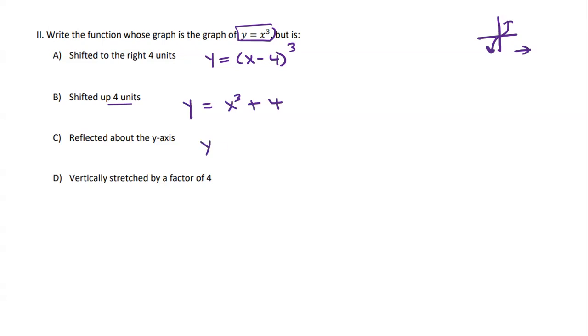So in this case, we'll have y is equal to, and I have to put the negative inside the parentheses, negative x raised to the third power, right? So that's reflecting over the y-axis. And the last one here is vertically stretched by a factor of 4. So that means we just multiply our function here by 4. So 4 times x to the third. And that's it.